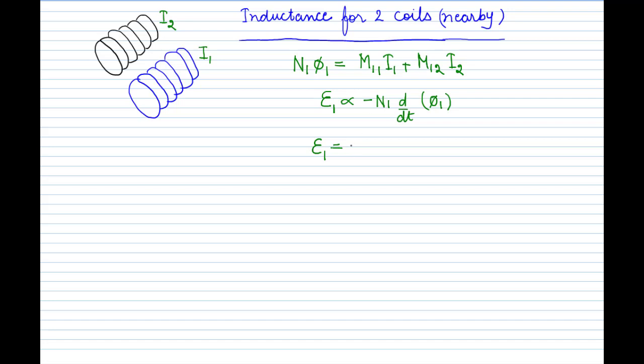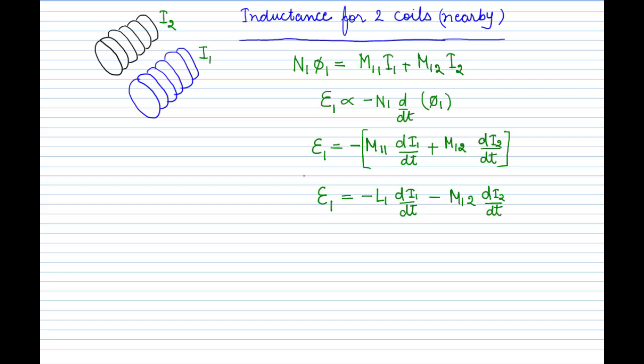So this is equal to minus, now put the value of N1 phi1 from this equation: minus M11 di1 upon dt plus M12 di2 upon dt, and this M11 is the mutual inductance in the one coil due to itself, so we can also write it as self-inductance. So our induced EMF is equal to minus L1 di1 upon dt minus M12 di2 upon dt.